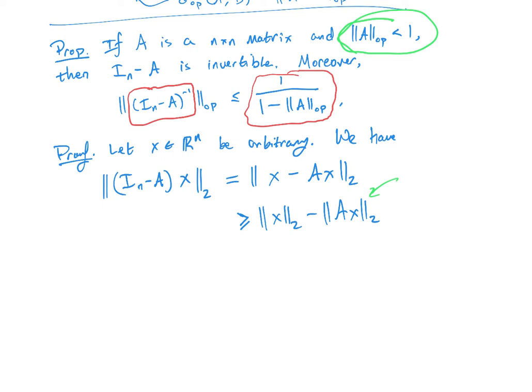And this is exactly what I'm going to say right here. We know that the 2 norm of ax is at most the operator norm of A times the 2 norm of x. So now if we make that negative, we can do that over here.